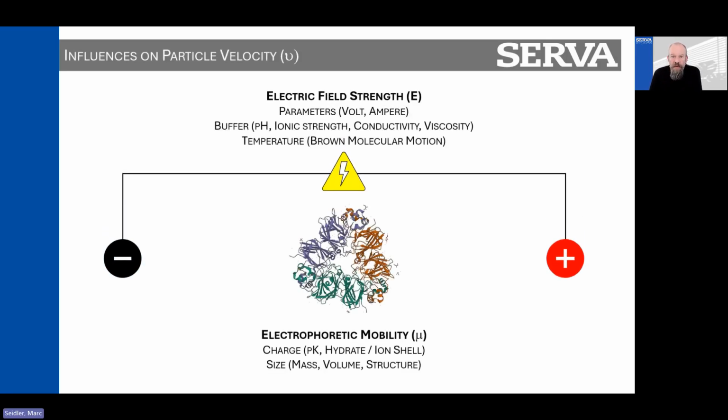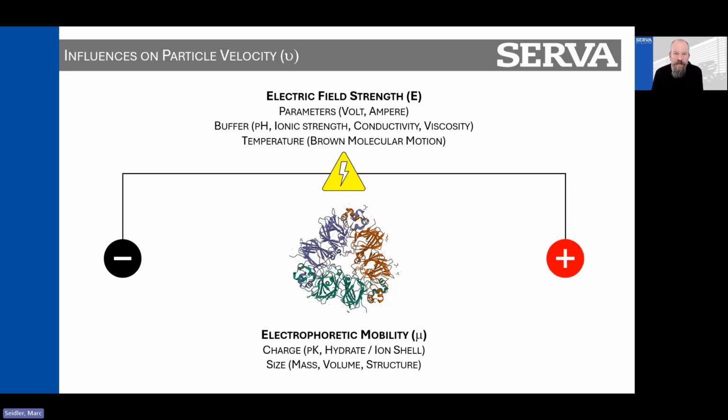If we take a look at the electric field strength, then this is mainly produced by the parameters you programmed on your power supply, of course. So it's the volts and the amperes, and the product of both is the watts. But that's not the only truth. You also have your buffer.